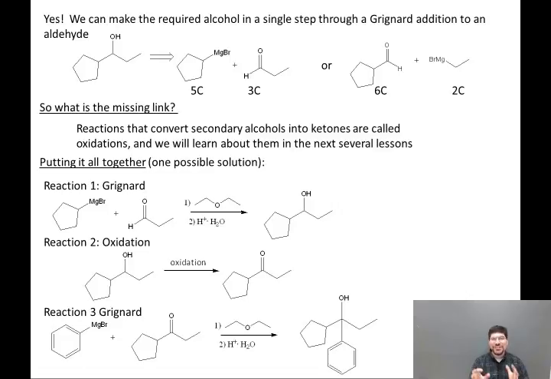So the end of each step of a synthesis, each reaction of a synthesis, is a logical stopping point. Whereas a mechanism you have no control over, because once you mix the reagents, they are going to go through all of the steps of that mechanism in the pot until you get to the end. Okay, so I hope I made clear the distinction between steps in a mechanism and steps in a synthesis.